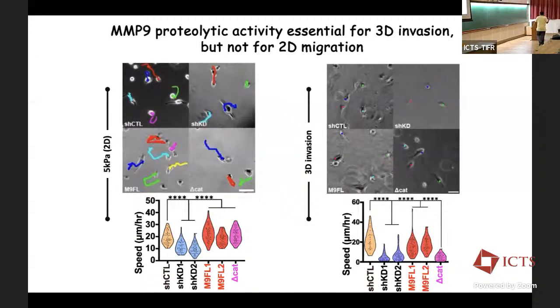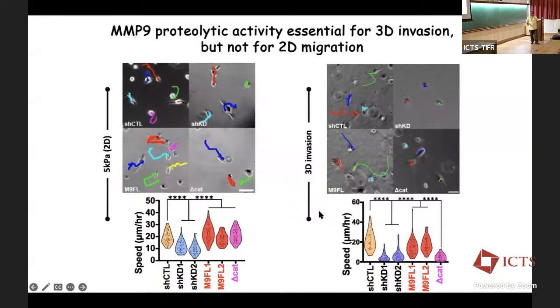MMP9 catalytic activity is not essential. However, when we entrapped these cells in 3D collagen matrices and tracked their migration pattern, what you can clearly see is knockdown cells are unable to invade, full length cells have rescued, but the catalytic inactive mutant is not able to rescue 3D invasion.